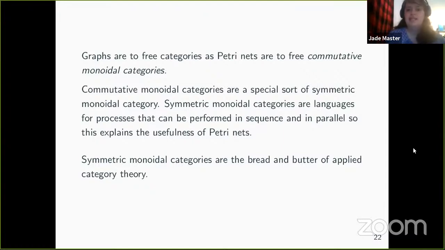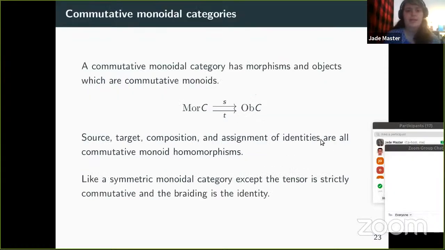Right, and it's not just any symmetric monoidal category, it's a commutative monoidal category. And those are kind of weird. They're a special sort of symmetric monoidal category where the monoidal product is strictly commutative. And that's sort of an awkward thing for category theorists. There's no coherence theorem relating symmetric monoidal categories to strictly commutative ones.